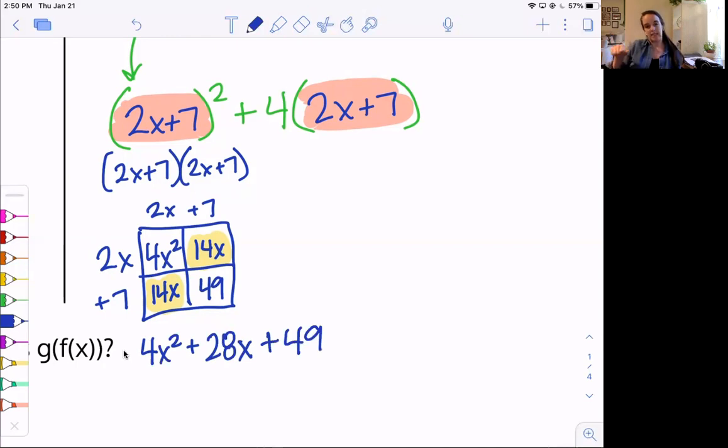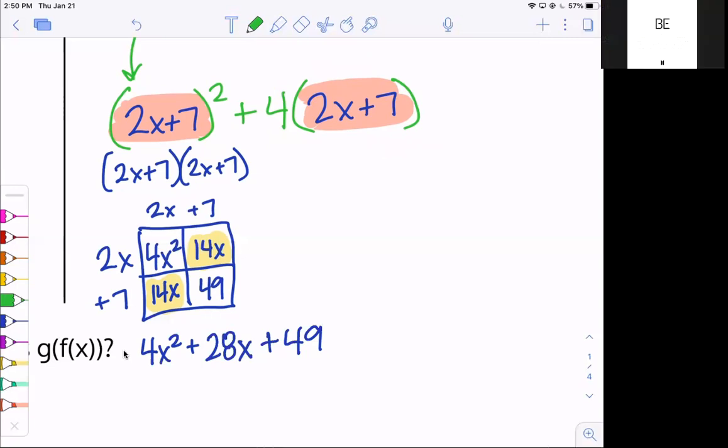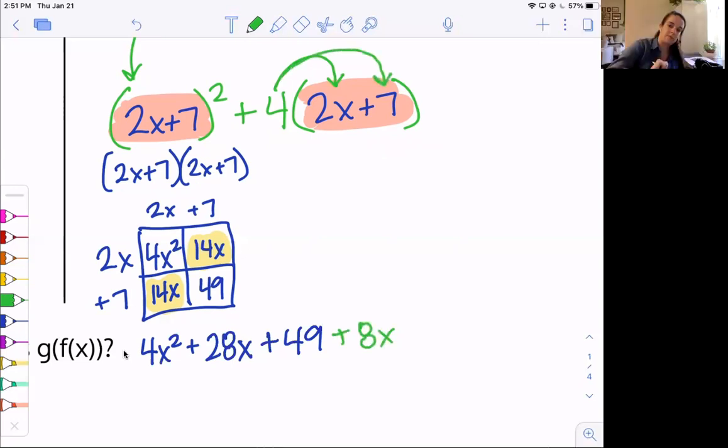Is that our answer to this entire problem? Jasmine is shaking her head no. Roxana, why not? Because you still have the other side. I still have the other side, absolutely. I still have this thing over here, right? So what am I going to do with that guy? I do 4x times 2x, which is 8x, and 4 times 7 is 28.